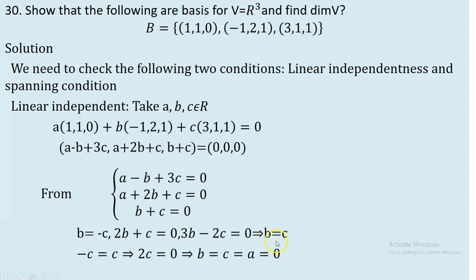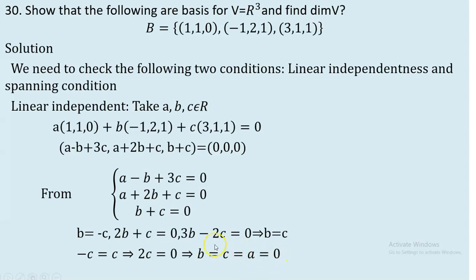So if b equals c, students, and b is minus c, we can equate c with minus c, and bring this minus c to the right. c plus c comes 2 times c equals 0. So c comes 0. If c comes 0, students, b also is 0. So b is 0, c is 0. So you can substitute 0, 0 in one of these two, and you will obtain a being 0.